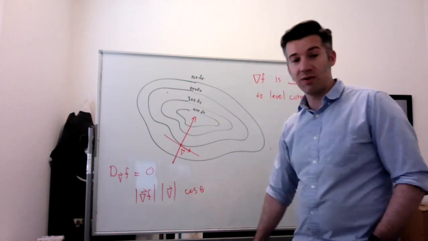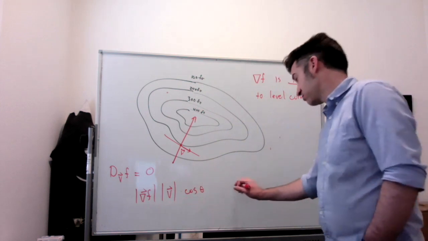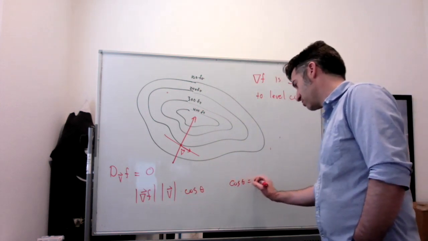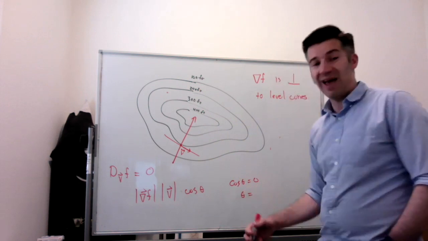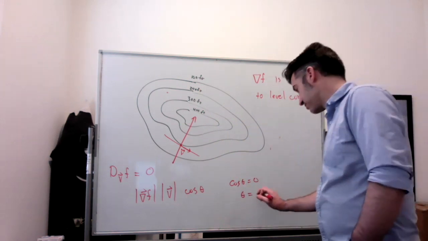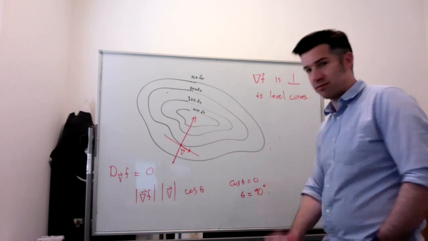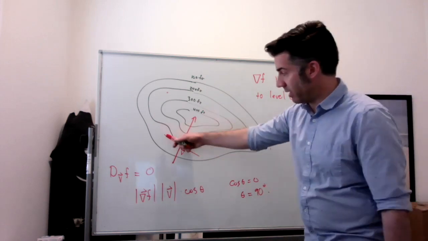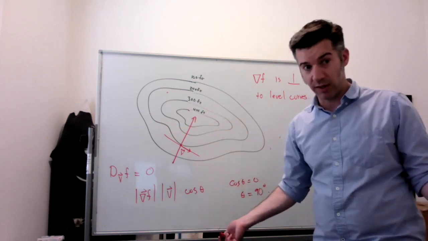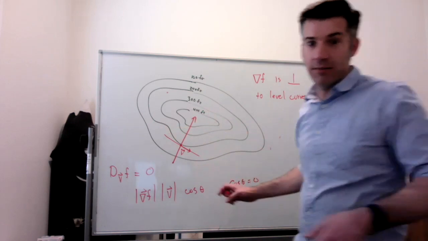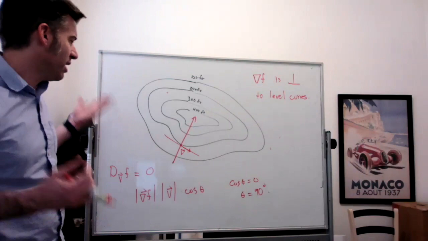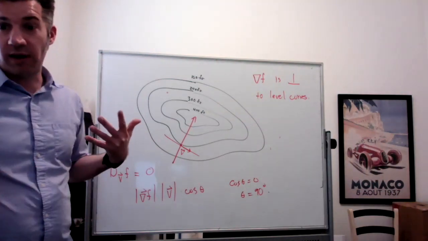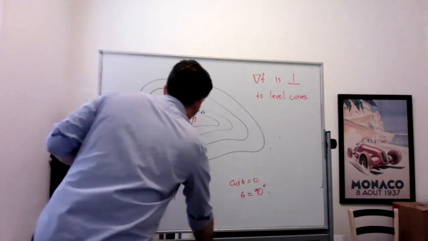So cosine has to equal 0, which means the angle between them has to be 90 degrees. So that's why the gradient and the tangent line to a level curve are perpendicular, because they have to be.